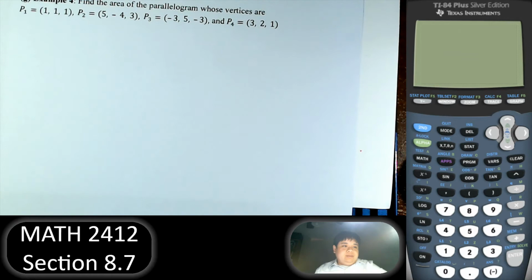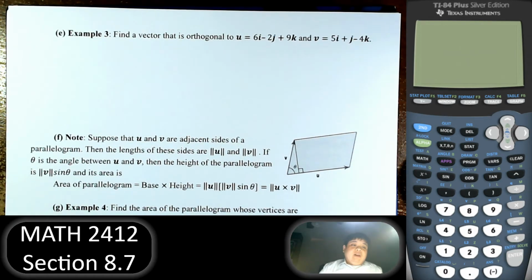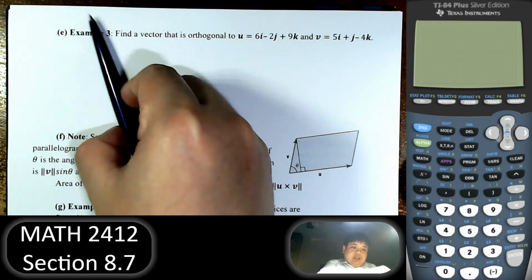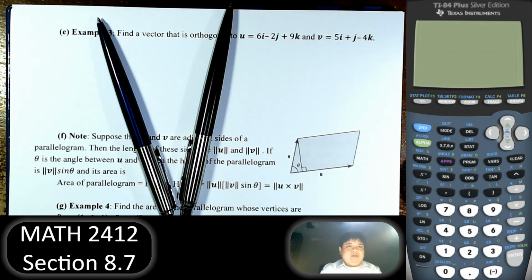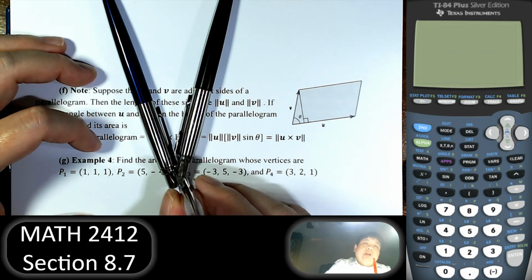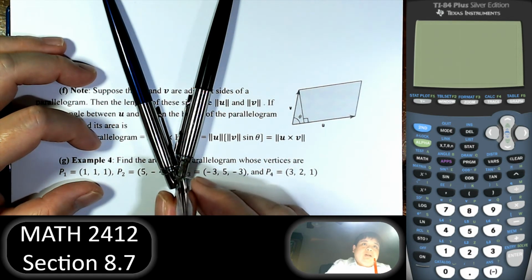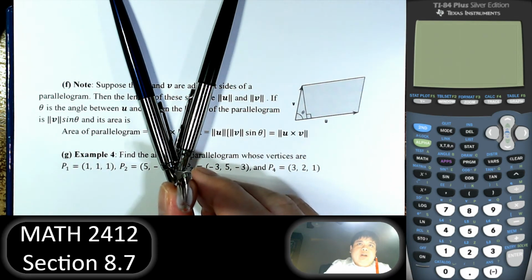Right. Now, as to this example, I'll find a vector that is orthogonal to u and v. Well, how do we do that? If we have a vector u and a vector v, they're not orthogonal to each other, which is fine. Now, we find the third vector that is orthogonal to both. So simply, we just do the cross product. Do we do u cross v or v cross u?